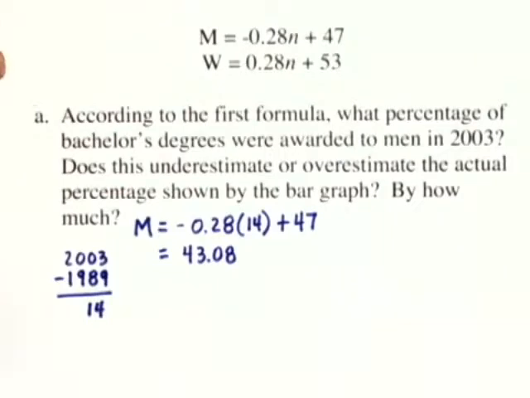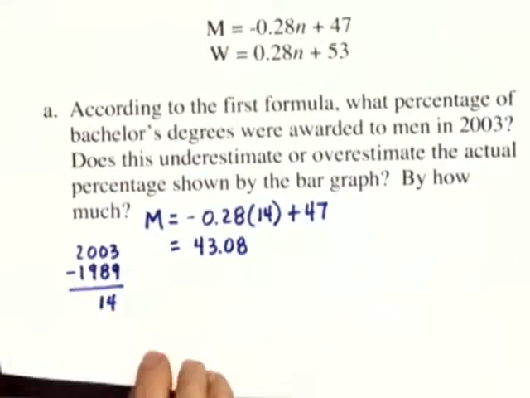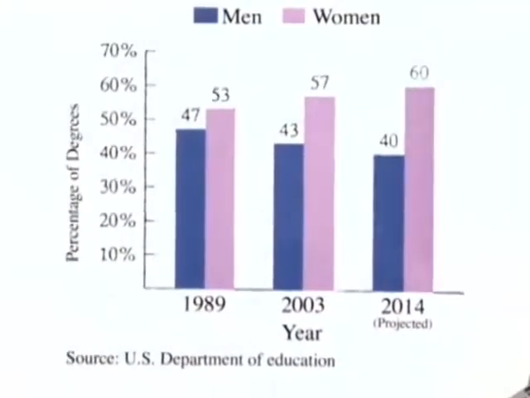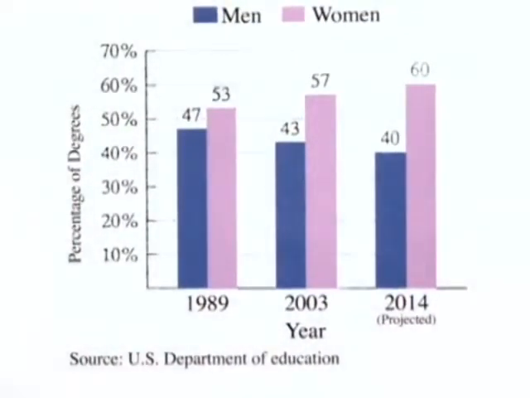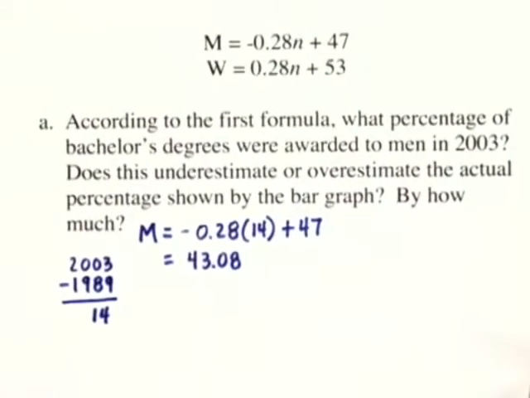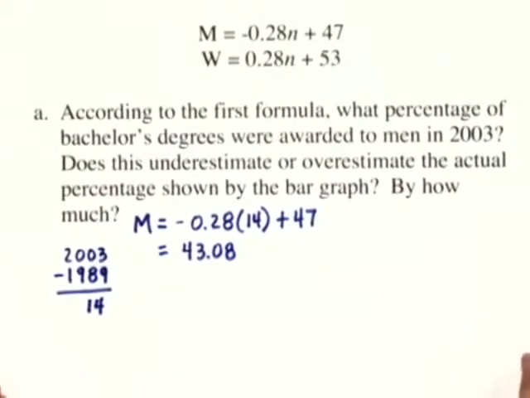Let's take a look at the bar graph one more time. The bar graph shows in 2003, men is represented by the blue bar, that exactly 43% of degrees were awarded to men. In our answer, we got 43.08%.